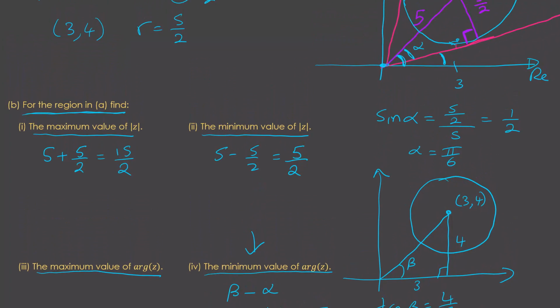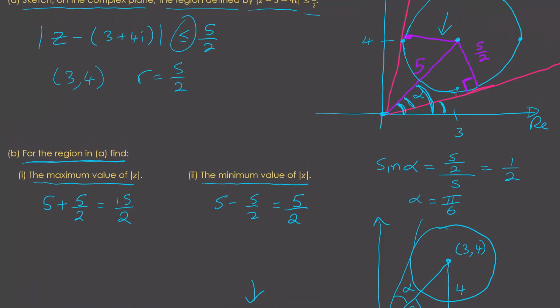Now to get the maximum angle, it's going to be this angle here, the beta on this diagram, plus the angle here, which, because of the symmetry, this shape up here is a kite.